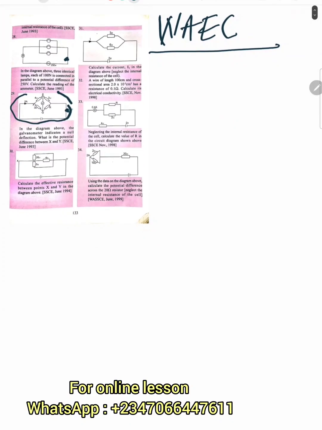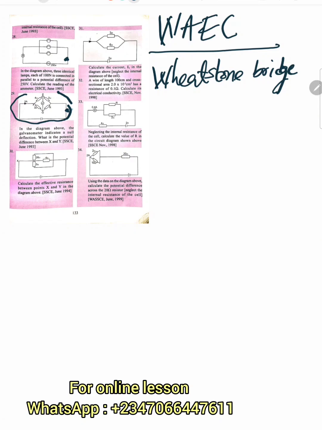Now, when we talk about a Wheatstone bridge, this question talks about a classical Wheatstone bridge. So this is a bridge. Now, the Wheatstone bridge is an electrical circuit which is used to determine an unknown resistance.